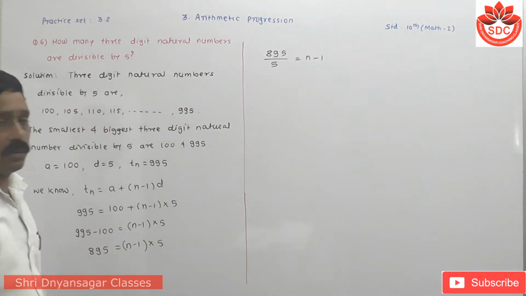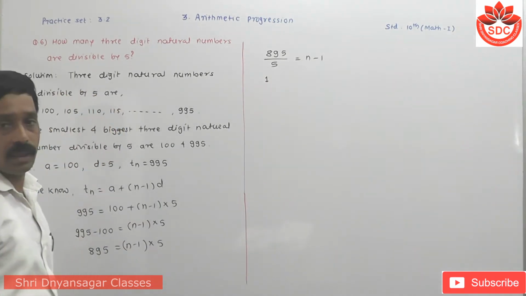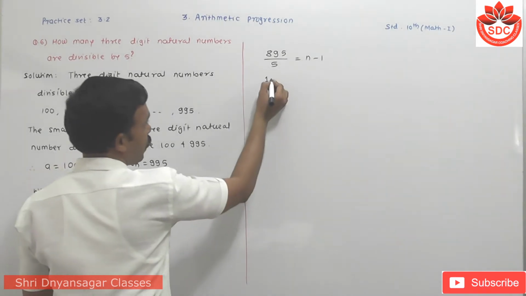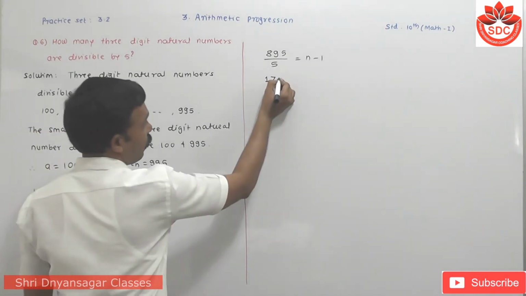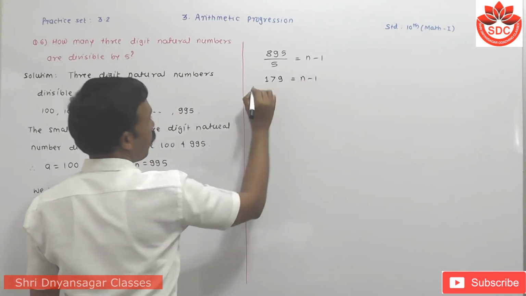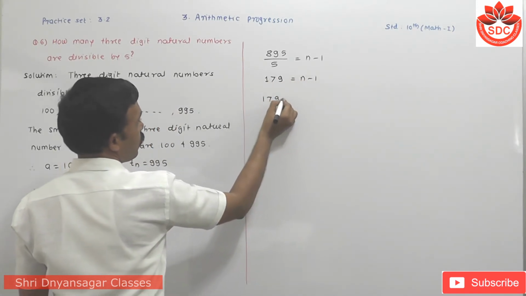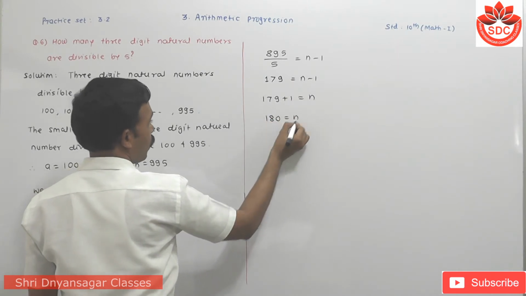We can simplify by using 5: 5 ones are 5, 5 threes are 15, carry 1... we get 179 equals n minus 1. Minus 1 transfers here: 179 plus 1 is equal to n, that means 180 is equal to n.